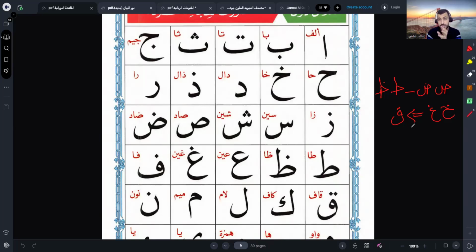But for now, let's focus that Dal is light, but Dod is one of the heavy. We need to differentiate between the two sounds of the Dal and Dod. Like if I have the word, let me write it, Sudur. This word, for example, is common actually to mix between the sound of the Dal and Dod, like making the heavy Dal instead of making it light. This makes the sound confused with the Dod.